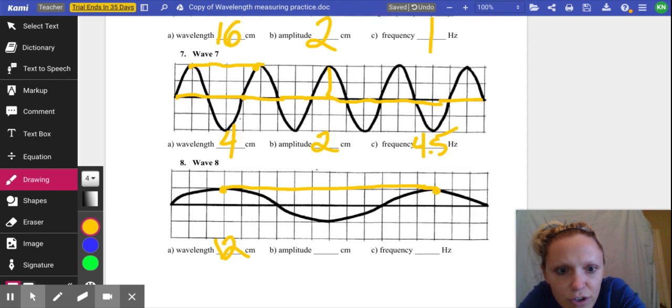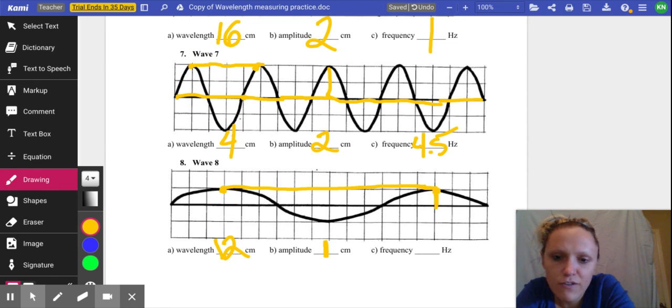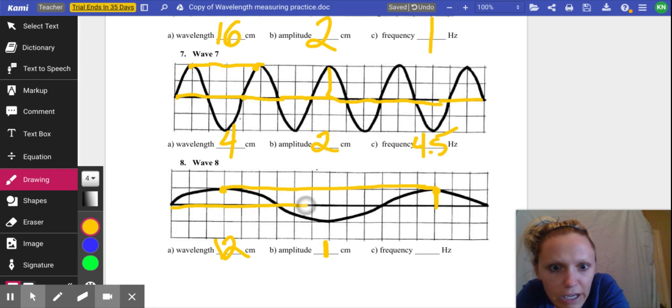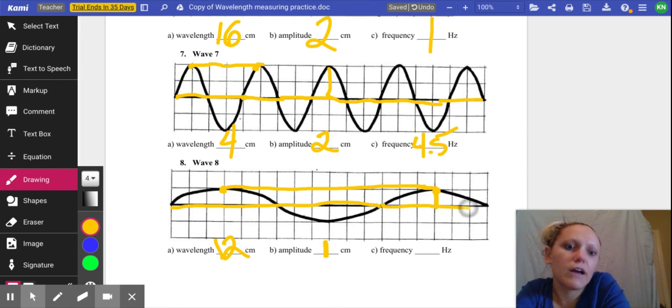My amplitude is just 1. And then I'm looking for my frequency. So how many full waves do I get? So I get my first full wave right here. And then I get an extra half. So that's going to be 1.5 hertz.